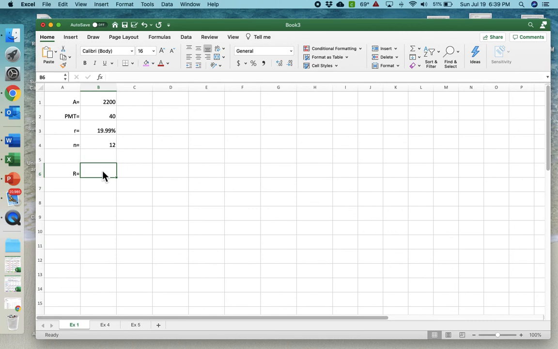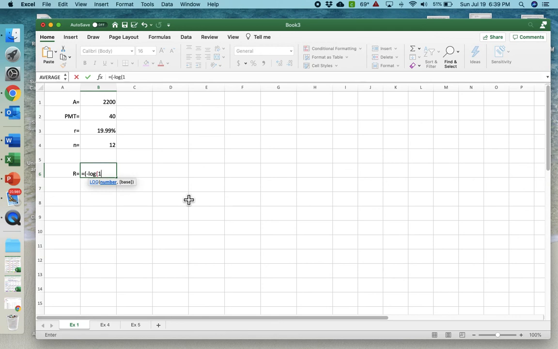So for our formula, the big deal is to make sure that you get in enough parentheses. So the whole top needs to be in parentheses. Oh, forgot my equals. And then negative, log, and then everything in the log needs to be in parentheses.